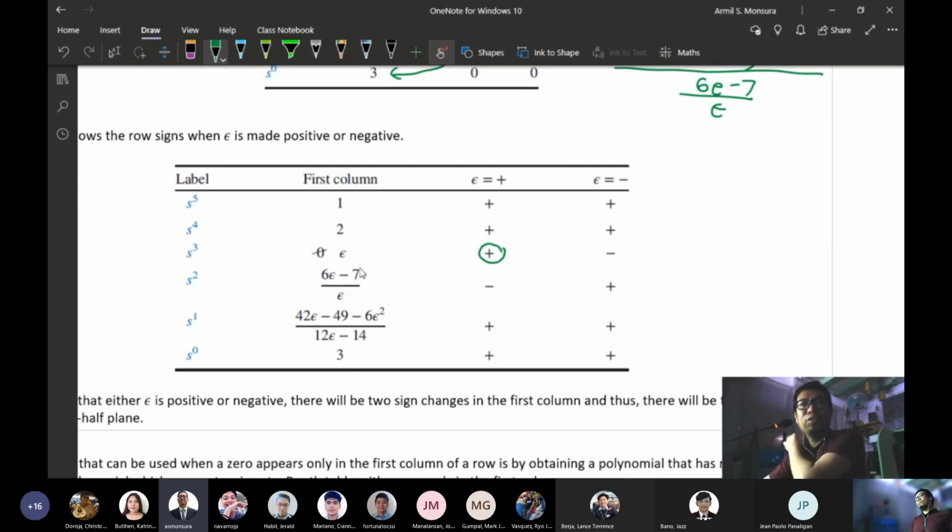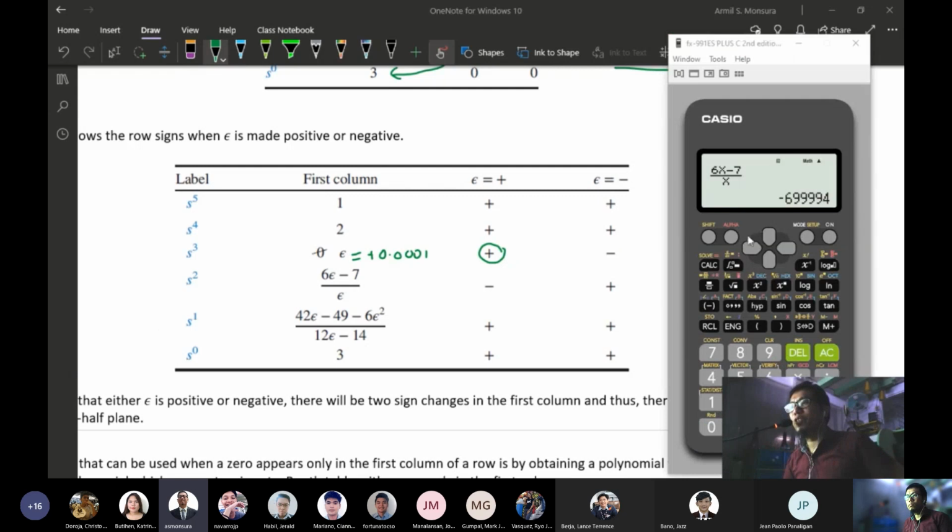So, you can imagine na itong epsilon nyo is actually, halimbawa, positive 0.0001. So, pwede nyo gamitin yun to evaluate here. So, halimbawa, 6 times positive 0.0001 minus 7 over ito. It would turn out na pwede natin i-check yan using your calculator.